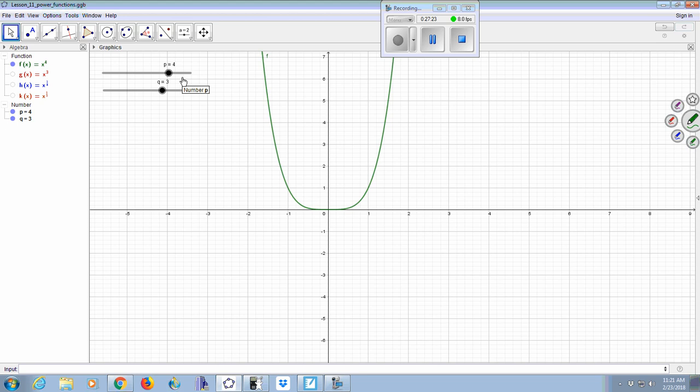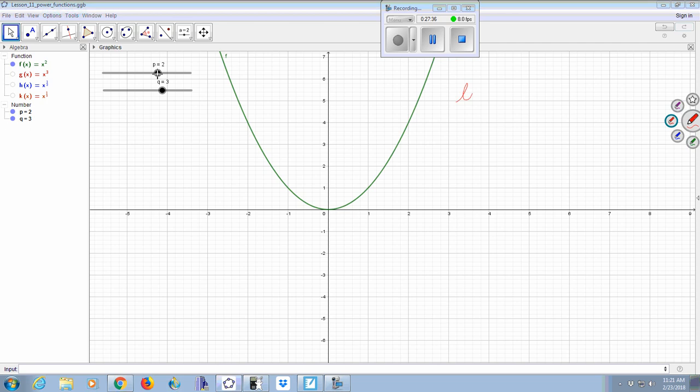They grow without bound. I noticed your limit notation was very weak on the test, so let's write this with limit notation. You would say the limit as x goes to positive infinity of f of x, because that's your output, equals infinity. Doesn't equal a number. Doesn't have a limit. Doesn't exist.